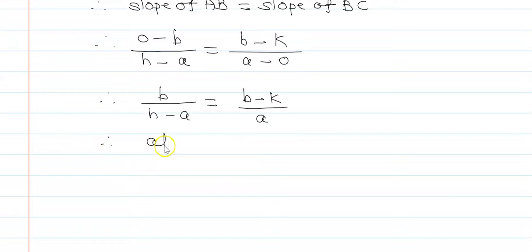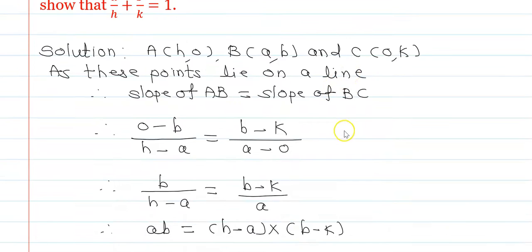Therefore, cross multiplication: a into b is equal to (a minus h) into (b minus k).